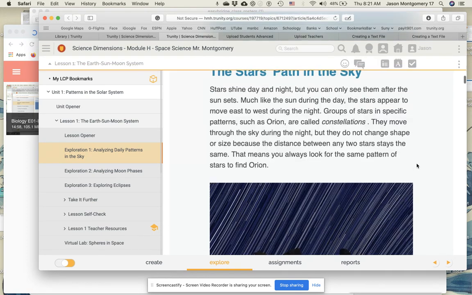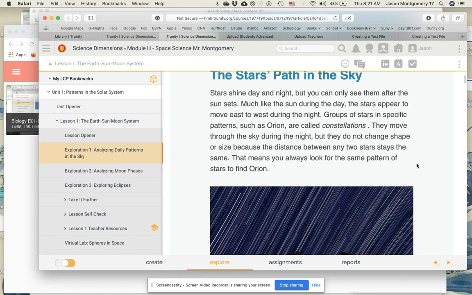Now, the positions of the stars, most of you already know that we have these things called constellations. These are human interpretations of star patterns, shall we say. The stars are kind of in fixed positions, right? And over the course of human history, people have drawn symbols and given these patterns names.